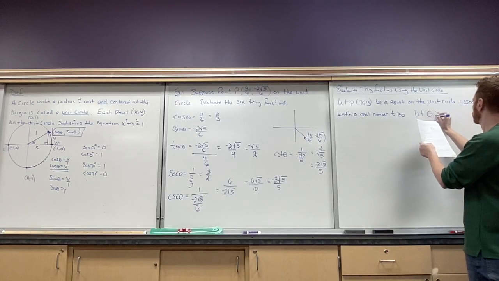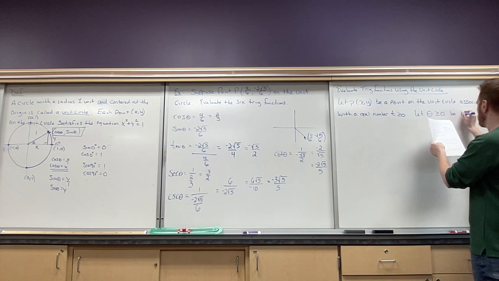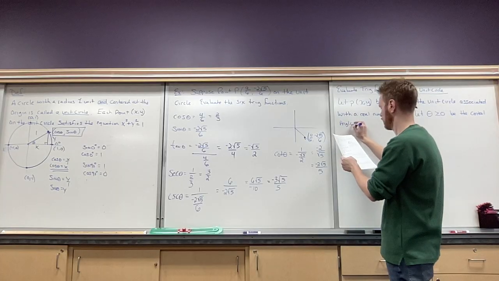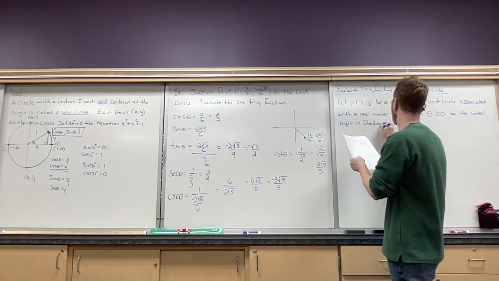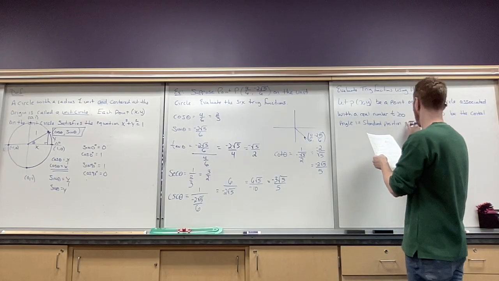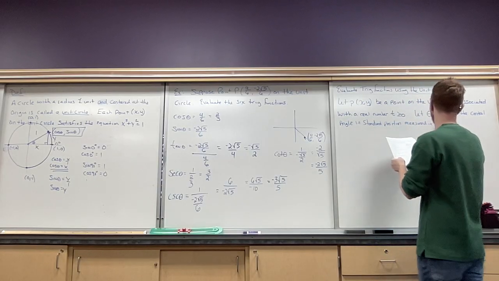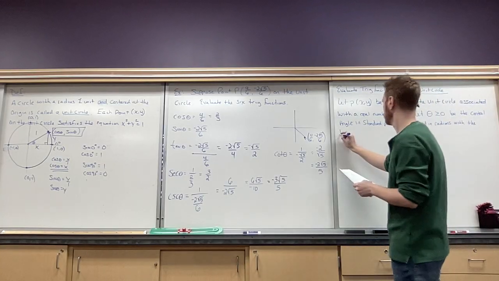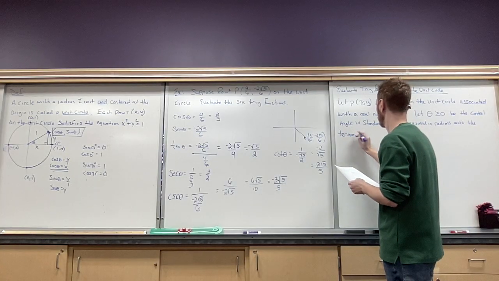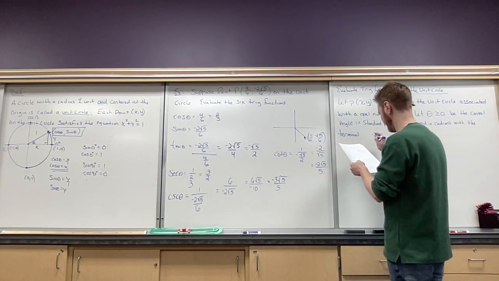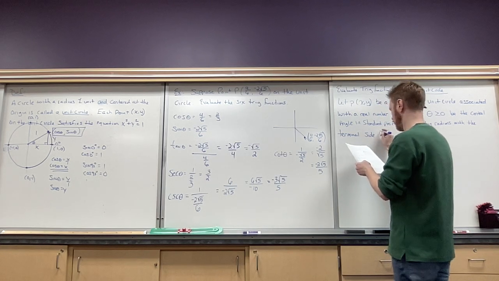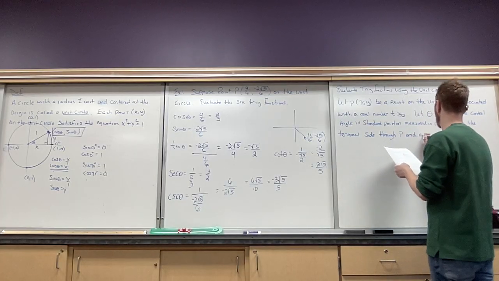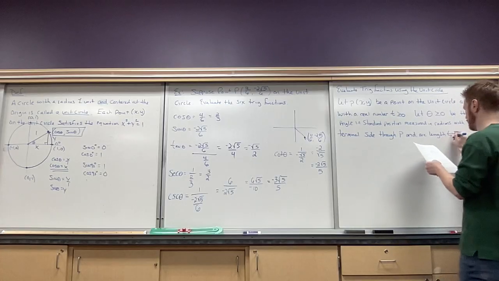Let our angle be positive, and it's going to be the central angle in standard position, measured in radians, with the terminal side through P, point P, and the arc length t.